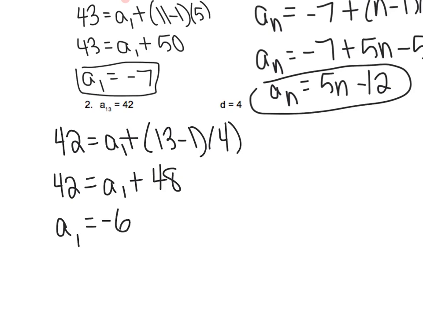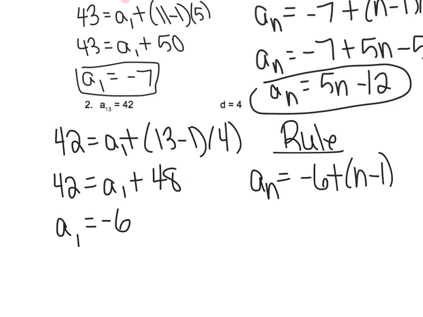Now I'm going to write my rule that says a sub n equals a sub 1, which we know is negative 6, plus n minus 1 is part of that rule, and my difference is 4. If I distribute that 4, I get a sub n equals negative 6 plus 4n minus 4.